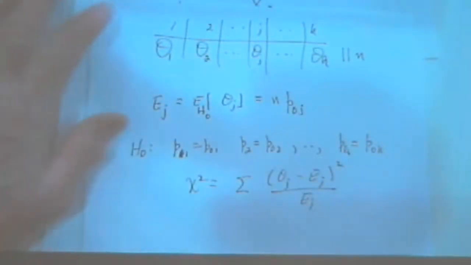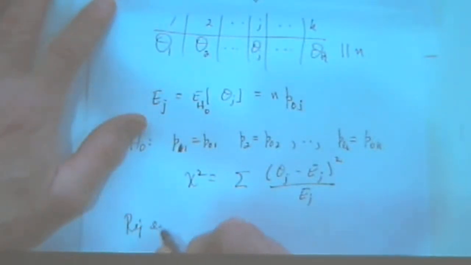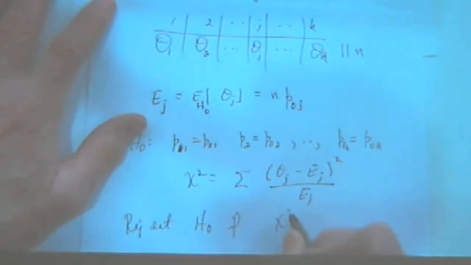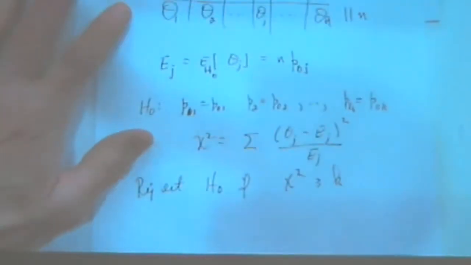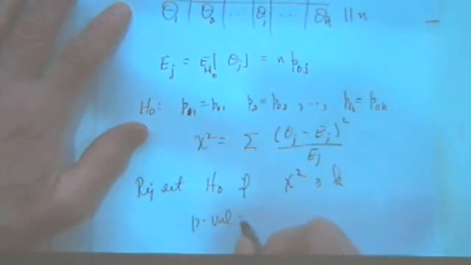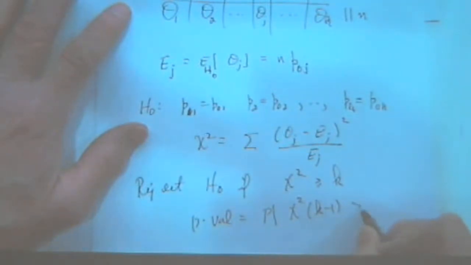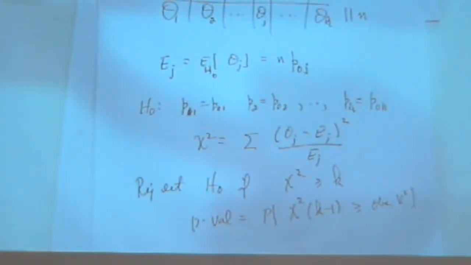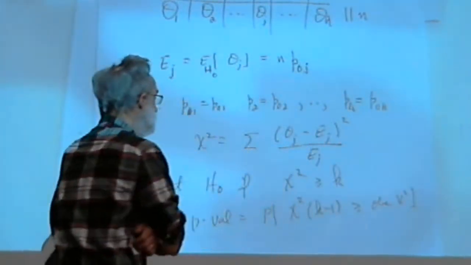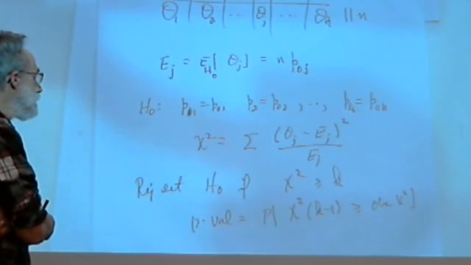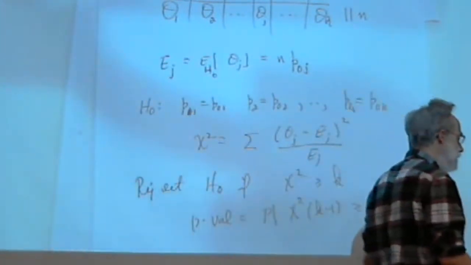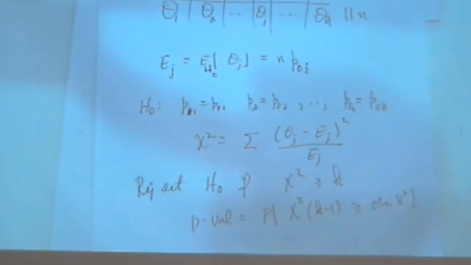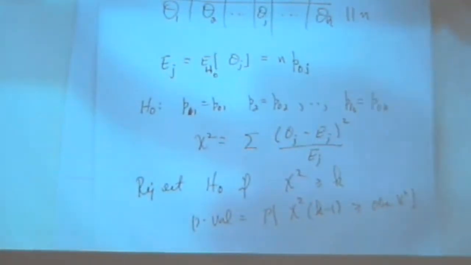Okay. And then you reject H naught if chi-squared is too large. And then the p-value is the probability, with k minus 1 degrees of freedom, of being greater than the observed chi-squared.